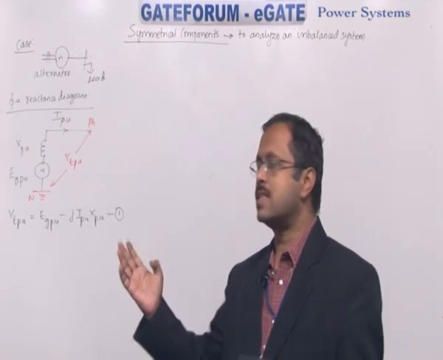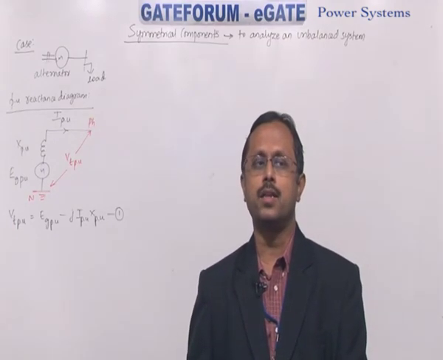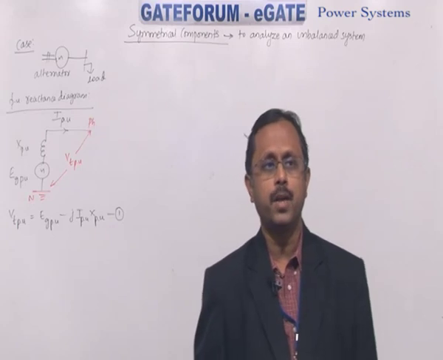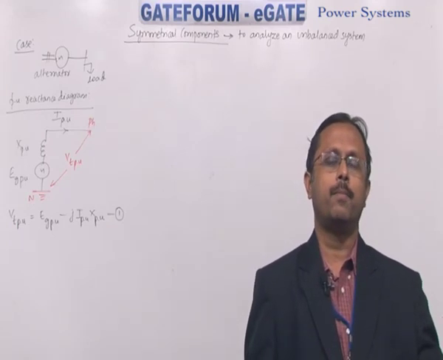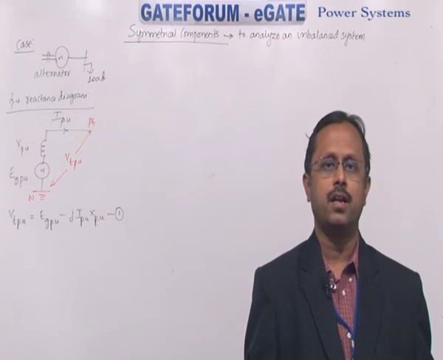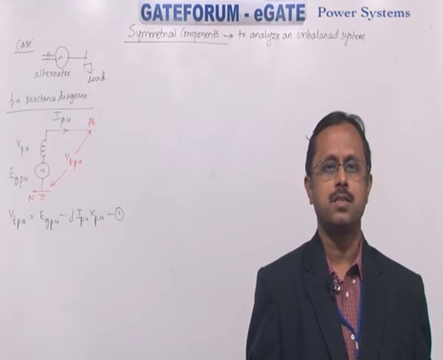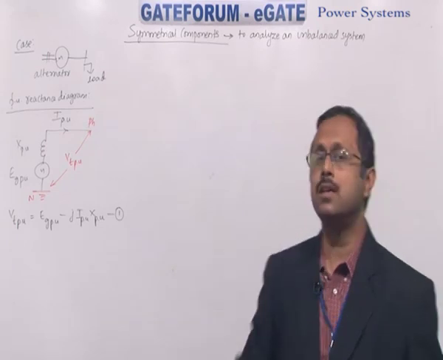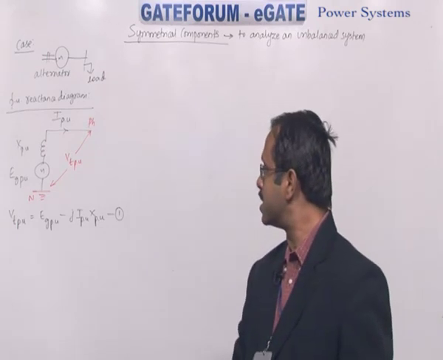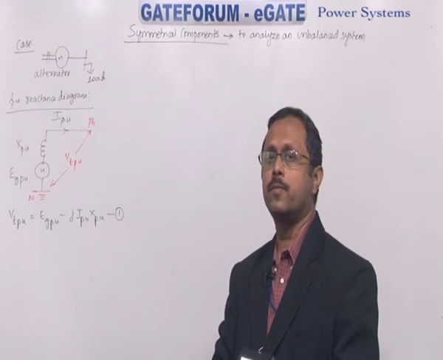And this equation 1 is that one equation: Vt per unit is Eg per unit minus j I per unit X per unit.